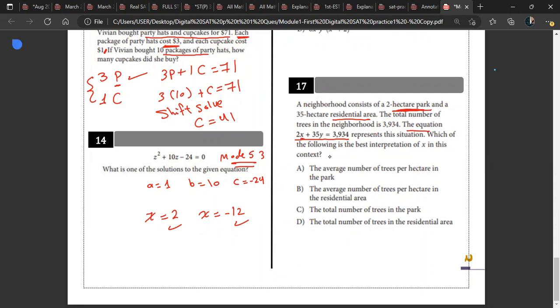Okay, guys, who can tell me the answer for this question? Question number 17.